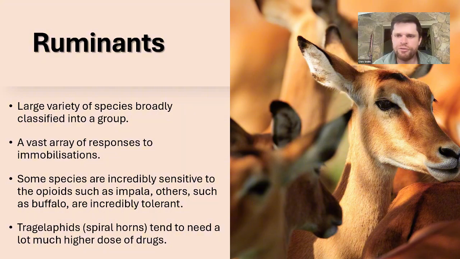Then there's a group of antelope, which I think fascinates everyone, which we call the spiral horns or the tragelaphids. That's things like your kudu, nyala, bushbuck, eland. They need a lot of medication to become immobilized so that they are then handleable and we're able to work with them.